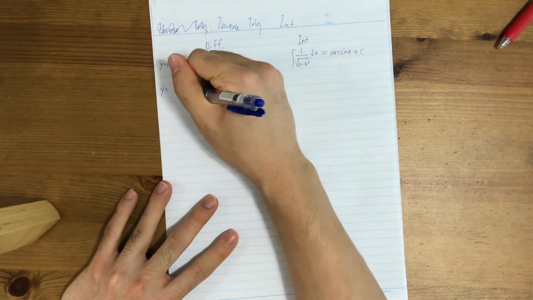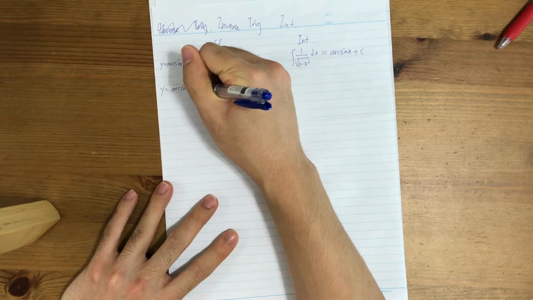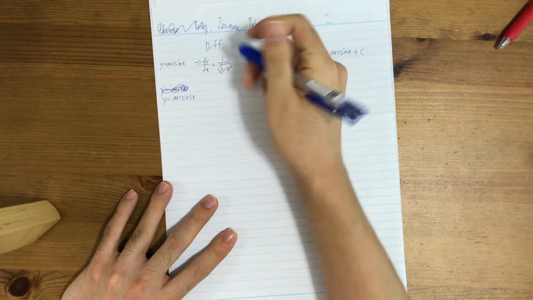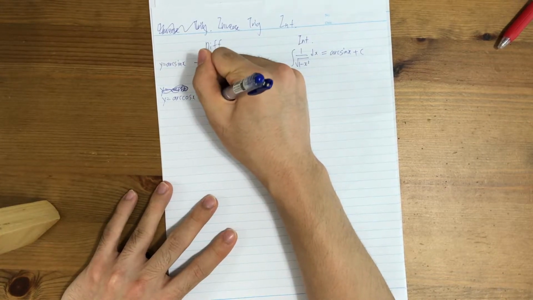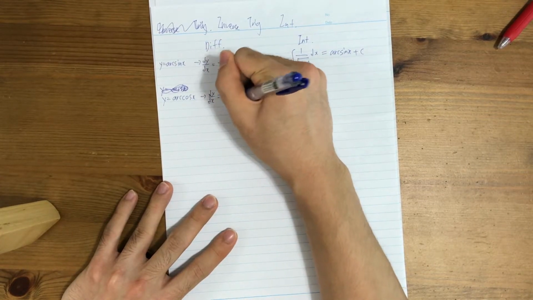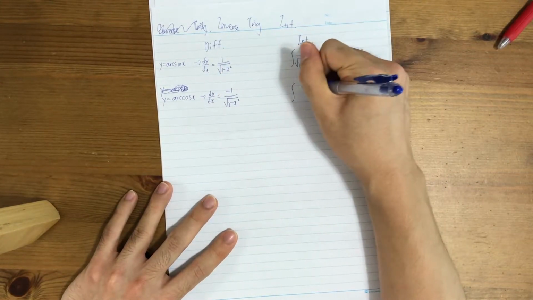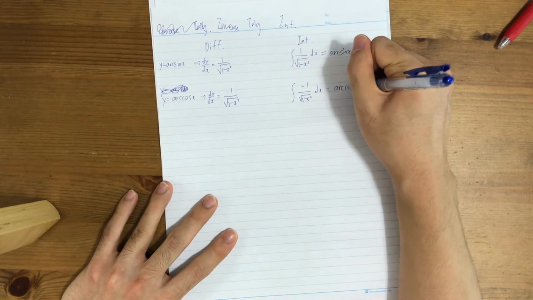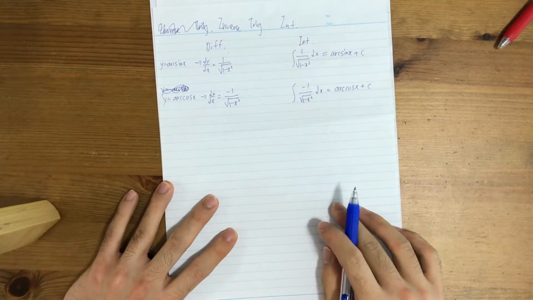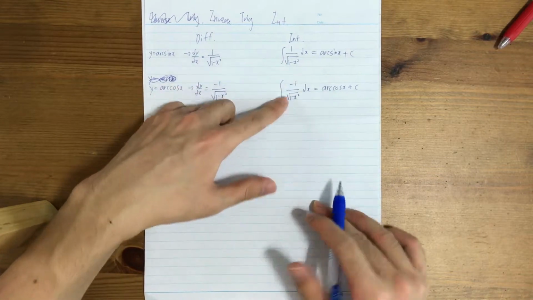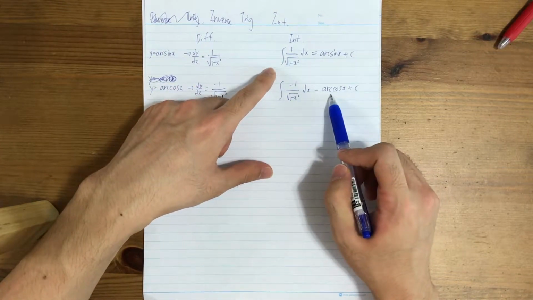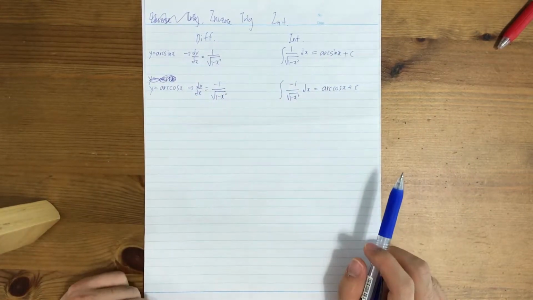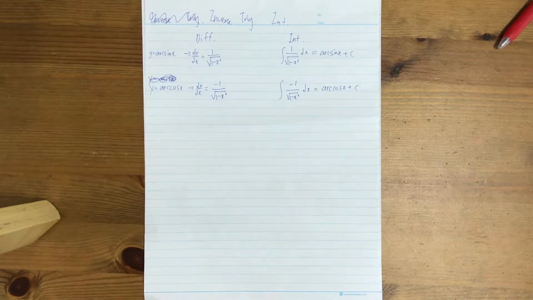Similarly, if we have arc cosine, since the derivative of arc cosine is this, we have that. And you can notice that arc cosine and negative arc sine are the same, right?